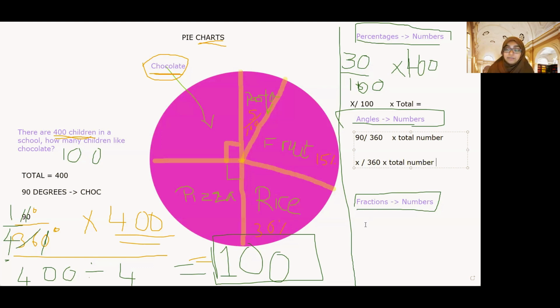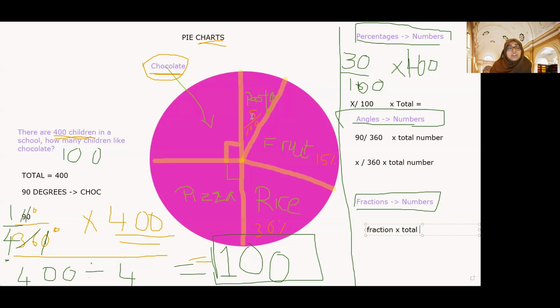Okay, now let's have a look at fractions. And fractions is really nice and really easy because you don't even have to put it over anything. You just write your fraction and then times it by the total. So for example, let's have a look at pasta here. It says 5 over 100 is the fraction of children who like pasta.